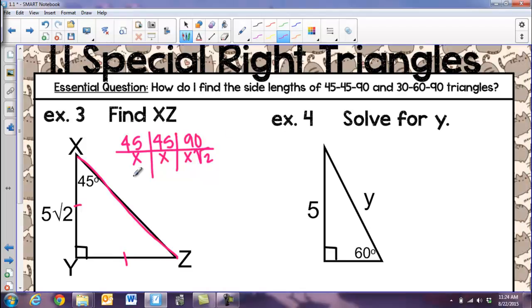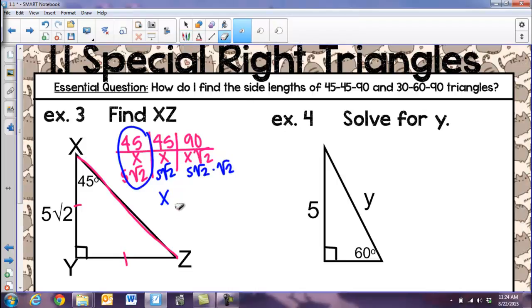I'm going to go ahead and fill in what I know. Opposite the 45-degree angle is 5 root 2. And then I can take this and solve this guy for x. So right here I'm going to have 5 times the square root of 2 times the square root of 2.